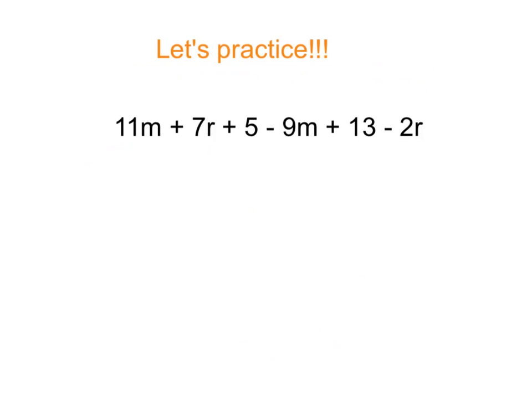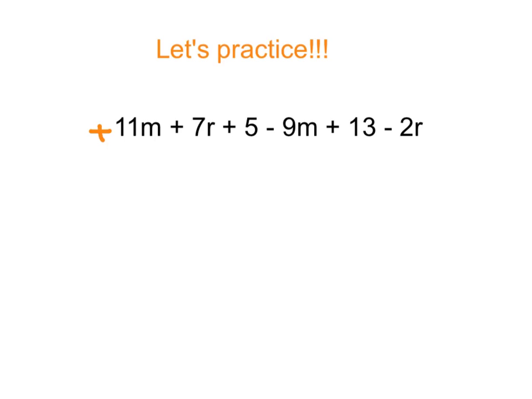So let's practice. 11m plus 7r plus 5 minus 9m plus 13 minus 2r. The first thing I want to do is find all of my like terms and circle the operations that go with them. Since I have 11m in the front, because it's a positive 11, the operation in front would be a positive 11.